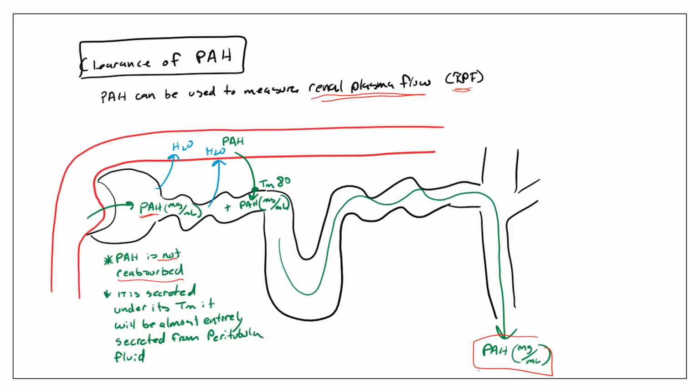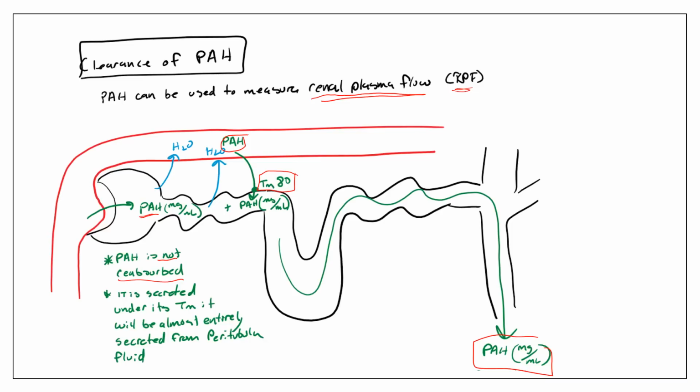Now, PAH, on the other hand, whatever amount doesn't get filtered in can still be added to the nephron via secretion, like the examples we talked about earlier in the lecture, and it will need a transporter in order to do that. And the transport maximum for that is 80, so 80 milligrams per minute. This is actually the example I used earlier on, and I used it because it applies to this particular molecule.